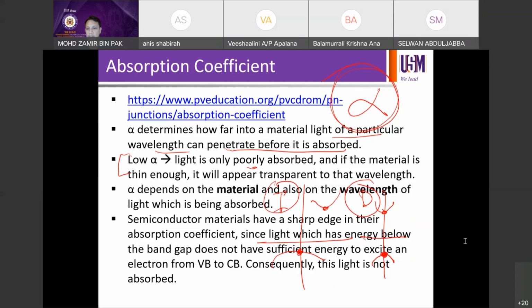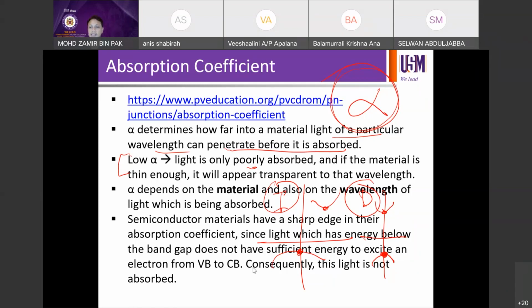Doctor, you mean smaller alpha? I mean higher alpha. Which one has higher alpha? Higher alpha is more efficient at light absorption. Oh, that means direct. Okay, Bara said direct. Fathul said direct.